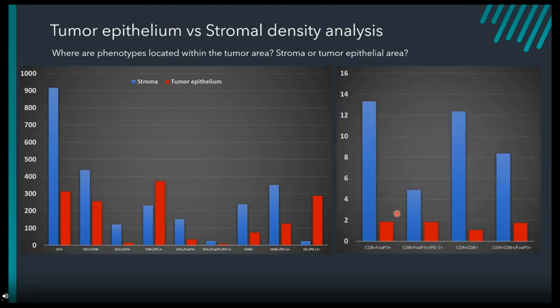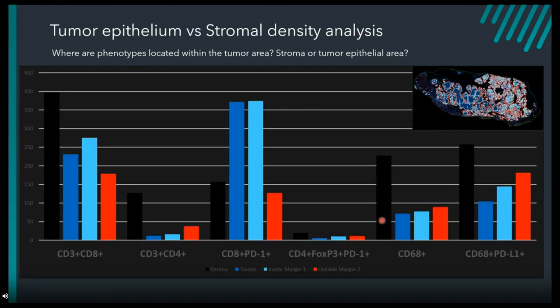We can also look at more rare phenotypes that are identified. For example, CD8 cells that express FOXP3 and CD8 FOXP3s that are also PD-1 positive, or CD4s and CD8 double positive cells and CD4, CD8, FOXP3 triple positive cells, etc. But if you think back to the marginal zone segmentation we did, we can also investigate where these cells are at the highest density.